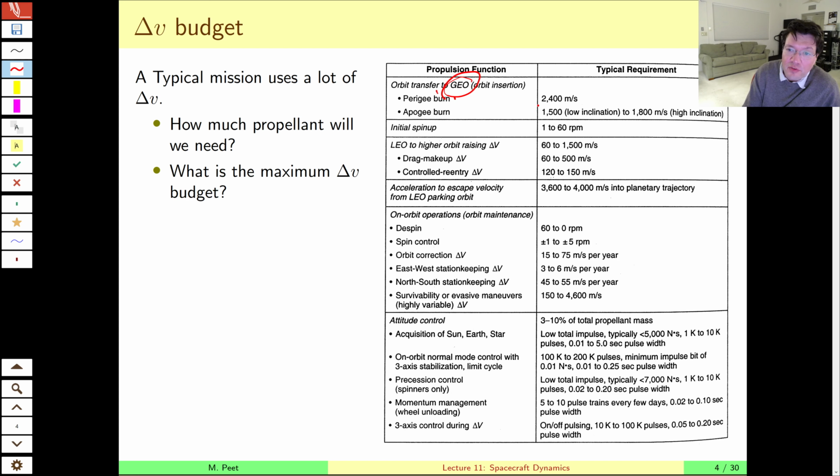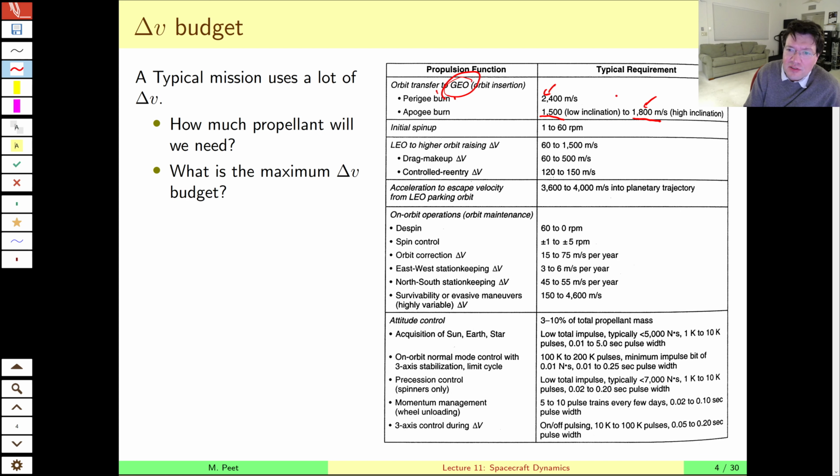Then remember from the Hohmann transfer, we maybe need a 2.4 kilometers per second burn at perigee to get us up to the altitude we need. And then to insert into that orbit, we need another delta V when we get there of, say, 1.5 kilometers per second. And maybe we need a plane change, for example. Then that adds a little delta V budget to our system.